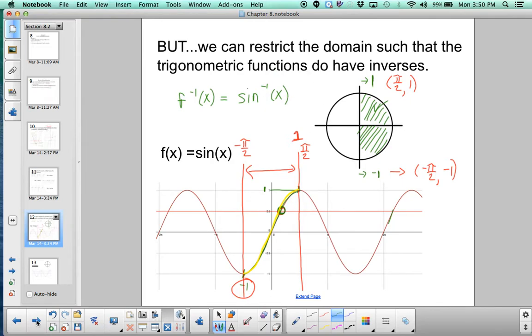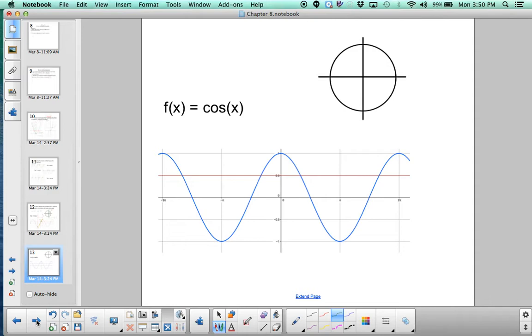So let's look at the next graph. Here we have cosine of x. Again, this time what we're doing is we're looking at our x values, and so we want to make sure we take on our peak and our valley, going from lowest value to highest value.